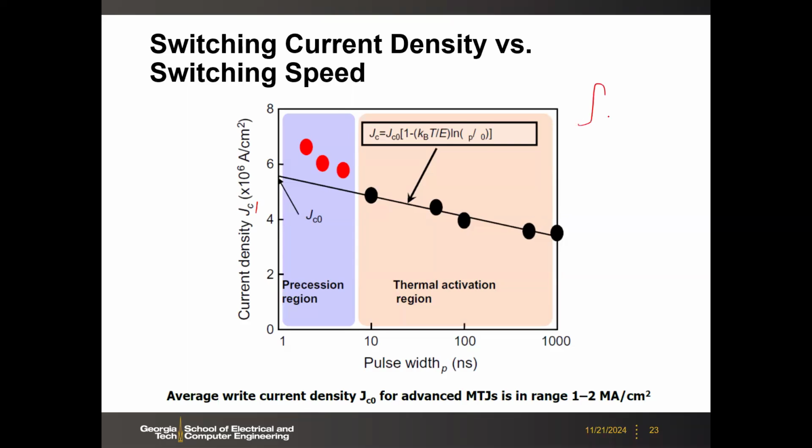So the pulse amplitude versus the pulse width. So here you see that, of course, if you want shorter pulse, you have to apply a little larger current, okay? And then here, within a few nanosecond range, it will change from the thermal to the precession region. And after that, it will exponentially increase.